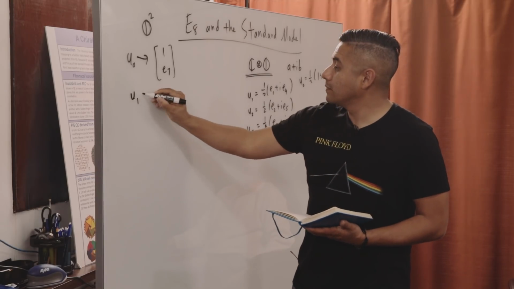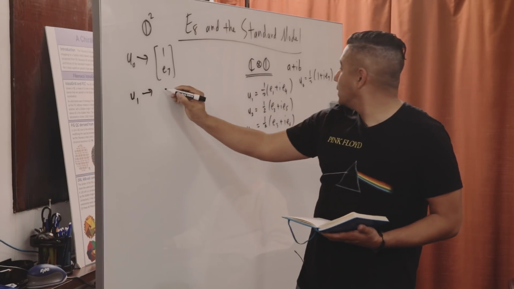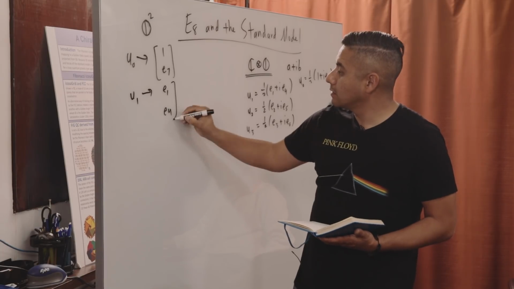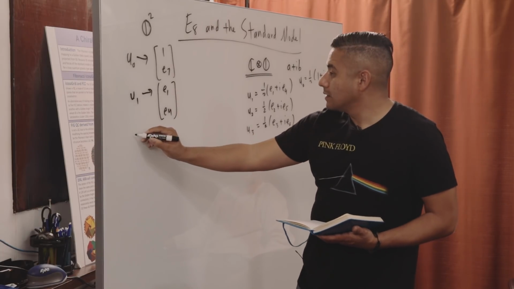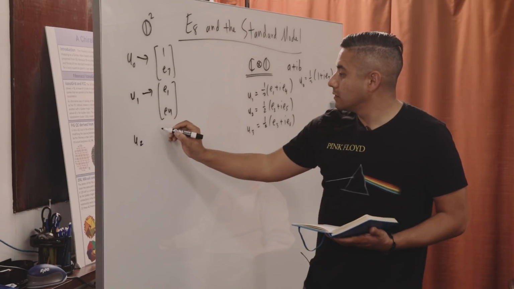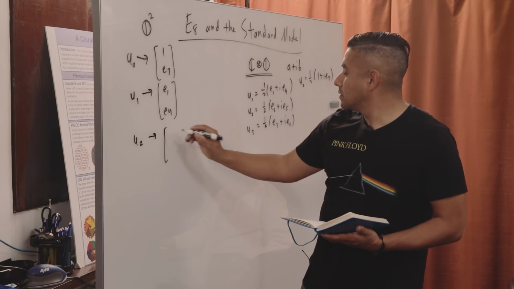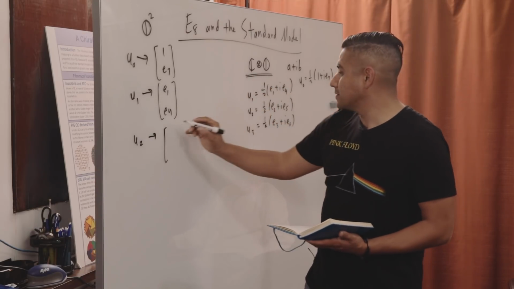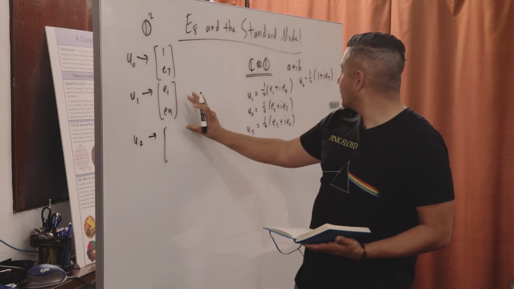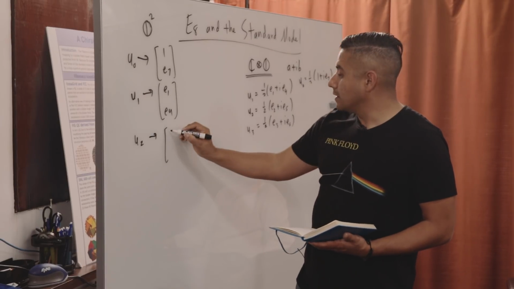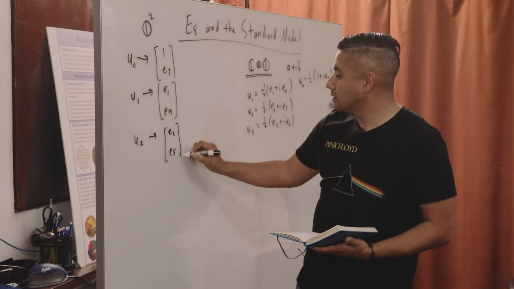Okay, so then we have the U1 here, which we have E1, E4. Okay, U2. I'm just dropping the 1/2 for now, just trying to make it look easier. E2, E5.